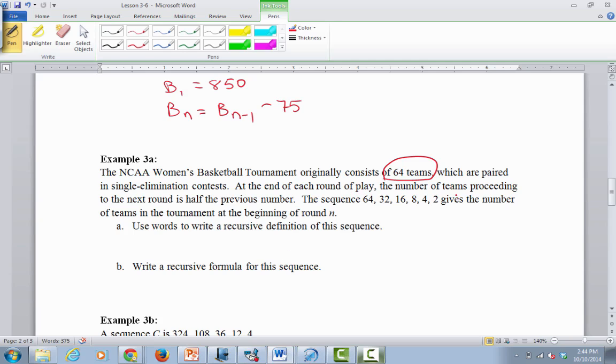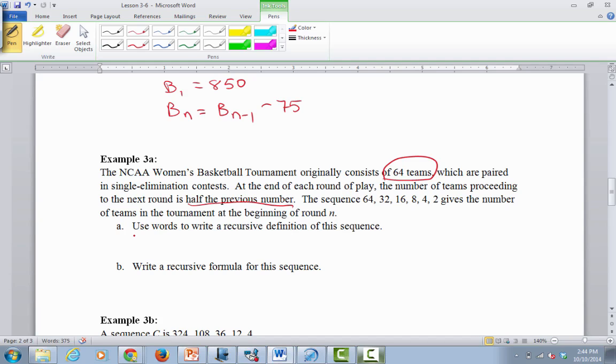At the end of each round of play, the number of teams proceeding to the next round is half the previous number. The sequence 64, 32, 16, 8, 4, 2 gives the number of teams in the tournament at the beginning of round N. Use words to write a recursive definition for the sequence.